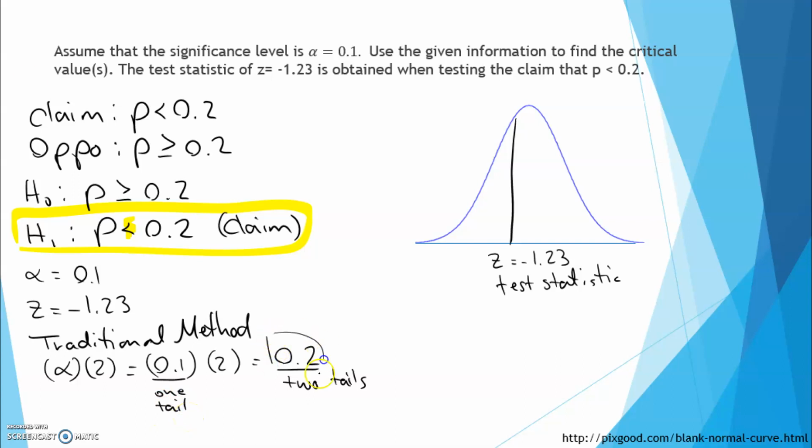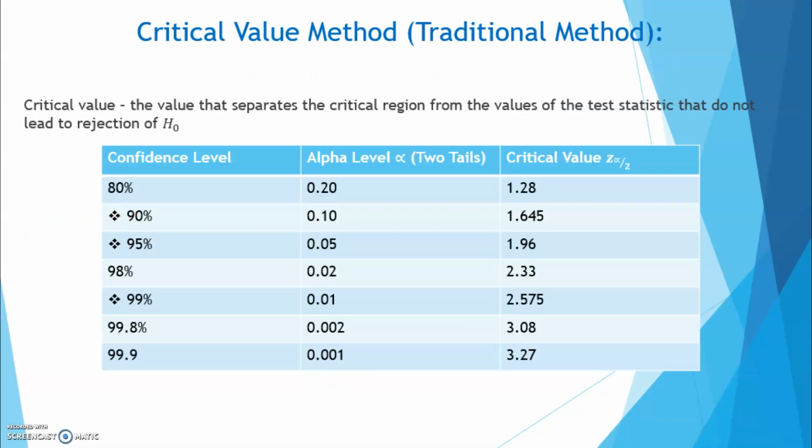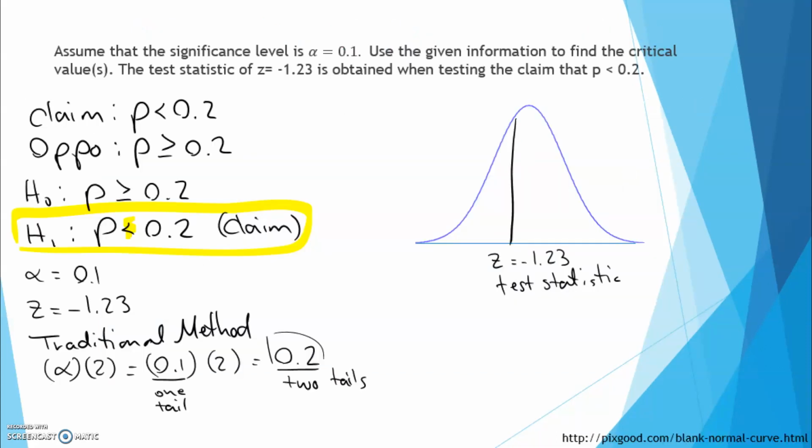Okay, so I need to look at this number and go back to my chart. All right, so 0.2, it's right there, and that's going to give me a critical value of 1.28. But notice this is really a z-score. So if we go back, the critical value is not actually 1.28.